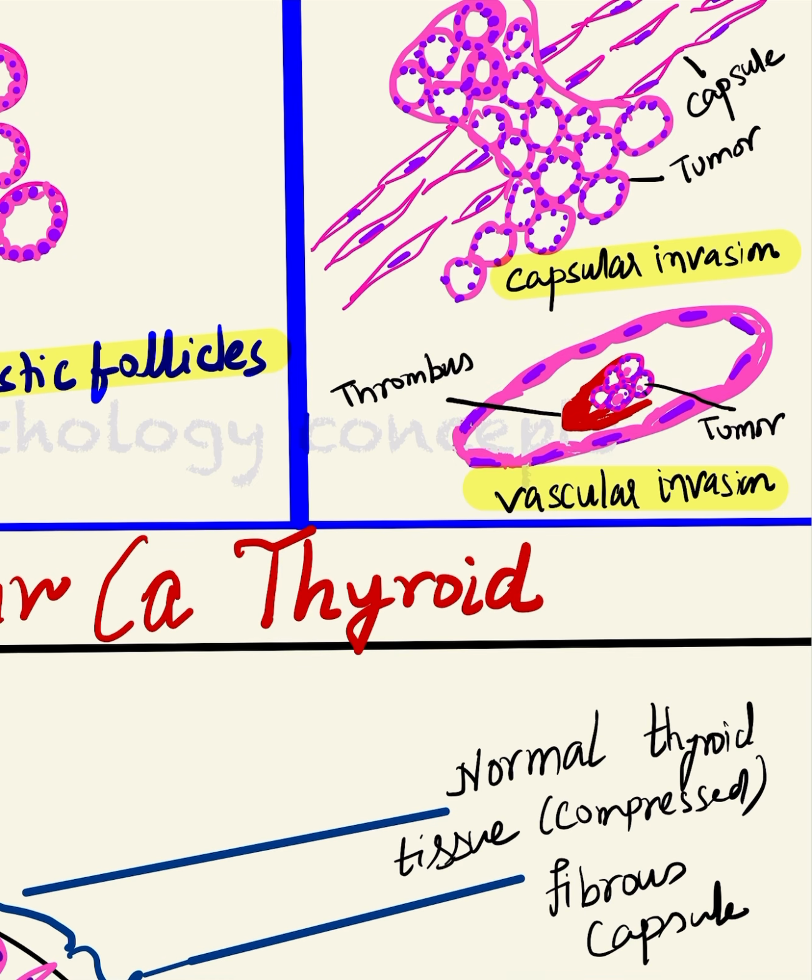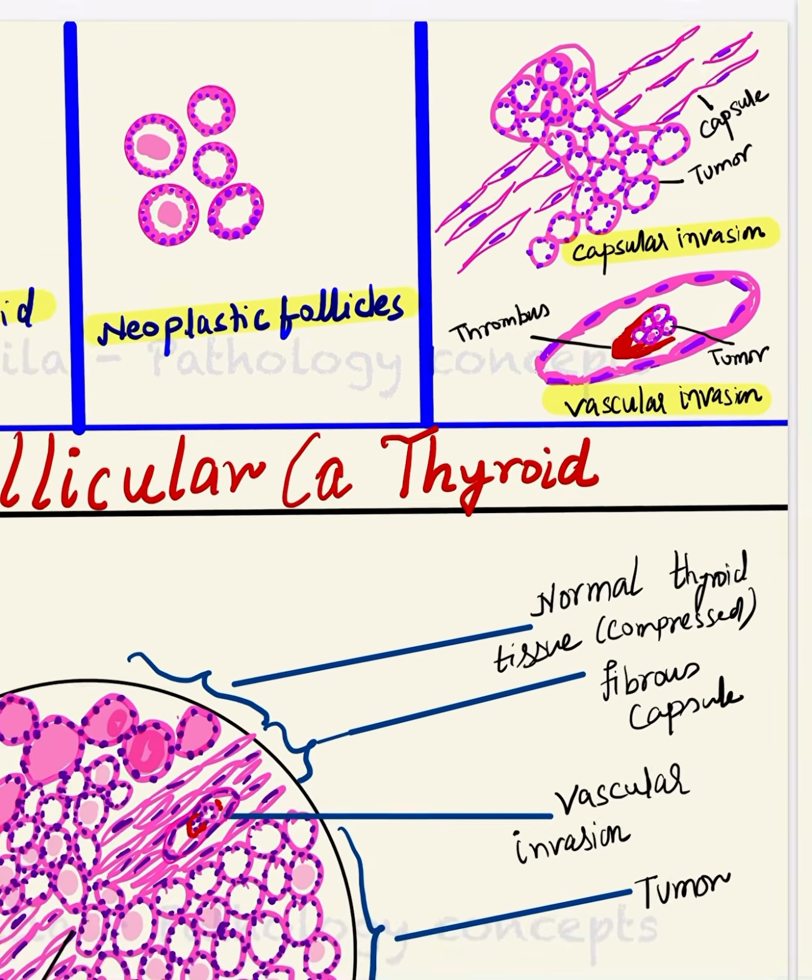And inside the lumen of the blood vessel, you make neoplastic follicles along with a fibrin thrombus. This is how vascular invasion is seen. Also, you can make neoplastic follicles clinging to the endothelial lining, again lined by endothelial cells. Anyway, this one is easy: you just draw the neoplastic follicles along with the fibrin thrombi.